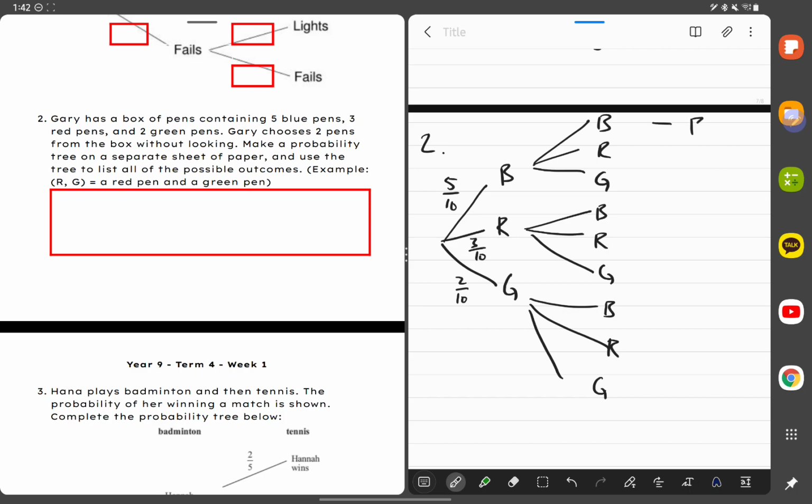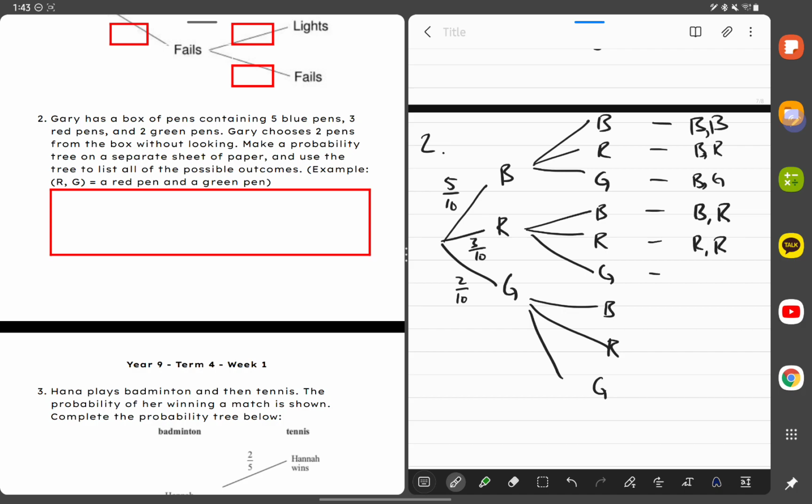I just need to say, that's blue and blue. That's blue and red. That's blue and green, with a comma in the middle. They even want brackets, but you can type that in. For me right now, I'm just going to write it without brackets. Blue and red, because red and blue doesn't matter at this point.